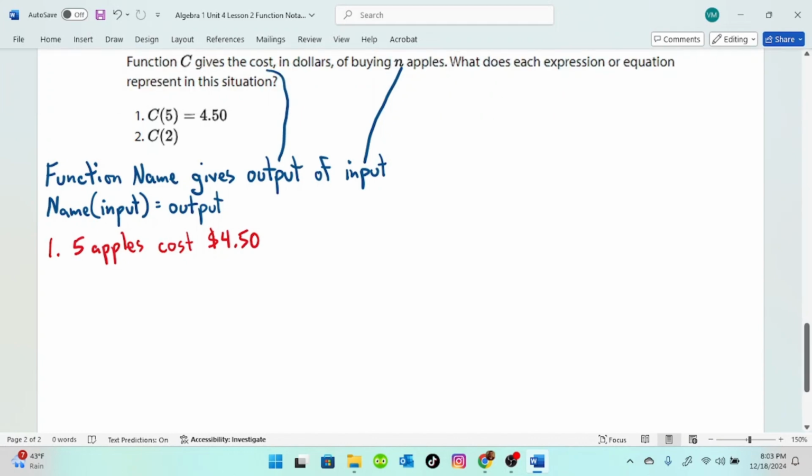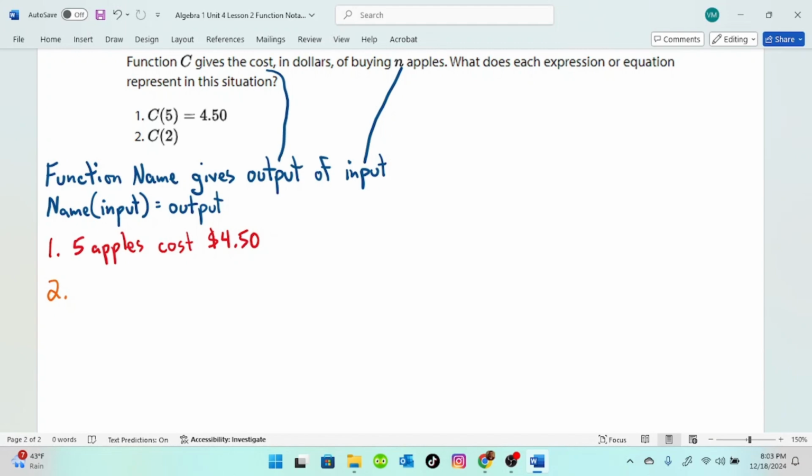Now, number 2 is just a little bit different. We have an input, but we don't have an output. But we know that that output is still going to be the cost in dollars of buying that many apples.